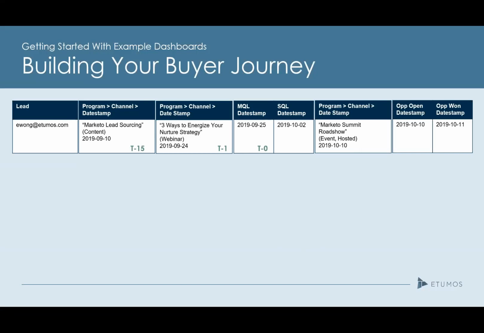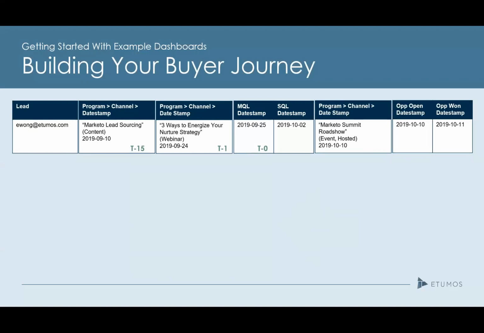That allows you to do something that you otherwise wouldn't be able to do, which is to say, hey, we do some time series analysis and ask, what are we optimizing against? Are we optimizing against MQLs? Are we optimizing against SQLs? Are we optimizing against closed-won opportunities? And you start tracing the steps back to say, hey, 15 days before this person became an MQL, they consumed a piece of content.